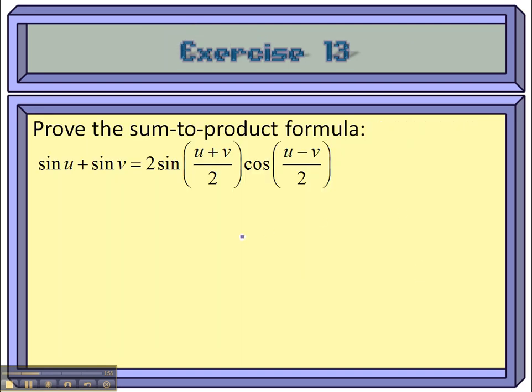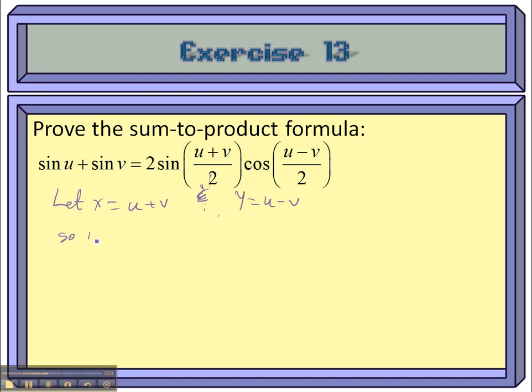On exercise 13, we're going to prove the sum of the sine formula that turns it into a product. Alright, let x equal u plus v, and y equal to u minus v.